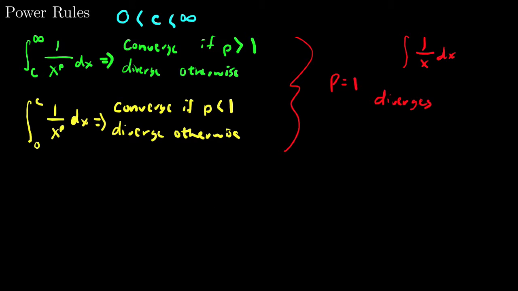Now, on a high level, this should make sense. If I'm going out towards infinity, this bottom will grow quickly because p is bigger than 1, and so the function will go to 0 faster, having a height short enough to make it converge.